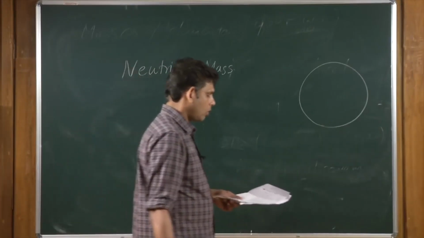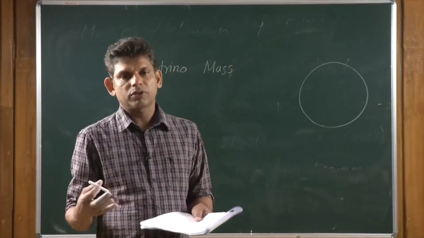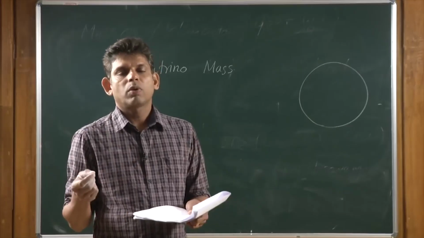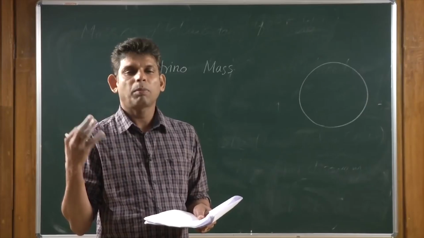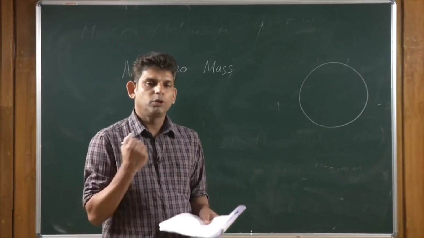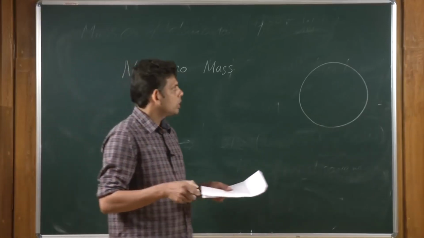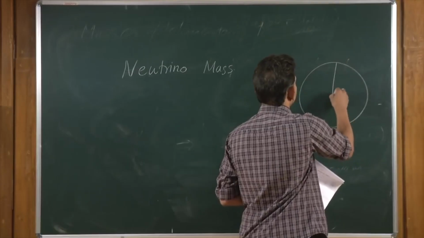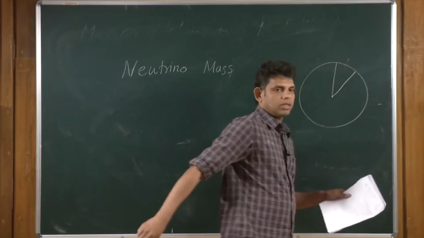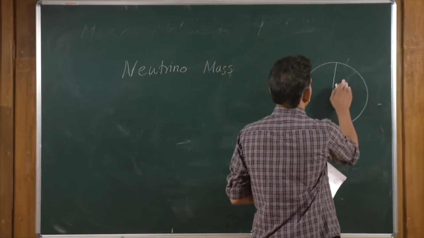And there are also cosmological models which tell us what the constituent mass of the universe is and what the mass of the universe is. Now, this at the moment gives a picture which is not understood clearly.